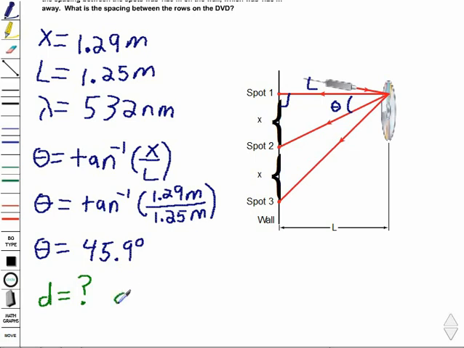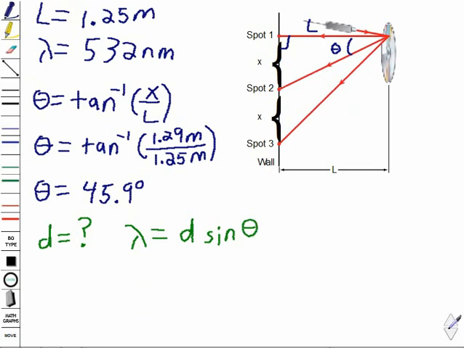If you look back in your book, you'll see you have a formula, let me not jump ahead of you here. We have a formula that is the wavelength of your light is equal to the diffraction spacing times the sine of the angle. So I want to get this where I have the D by itself, which is what we're looking for.